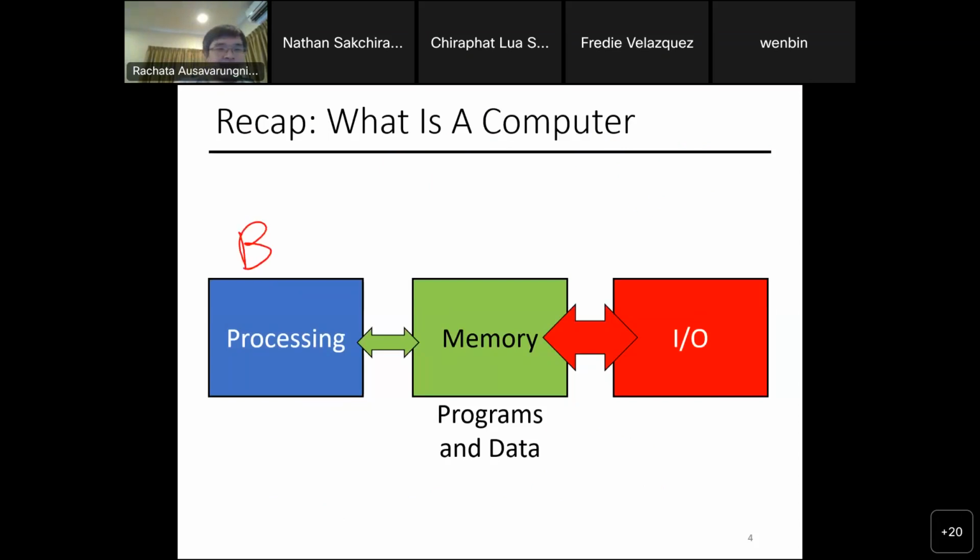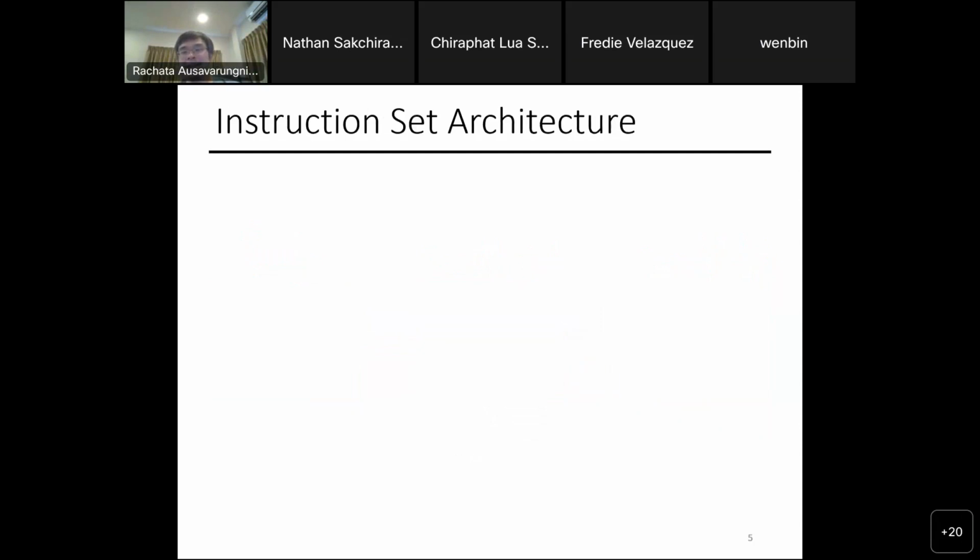You have the brain, input, output, and then you have the scratch pad. The scratch pad holds every command and every piece of data from your input, and the brain processes that and spits out your output. Simple as that.